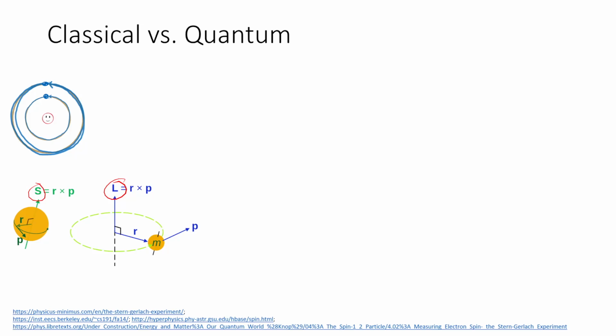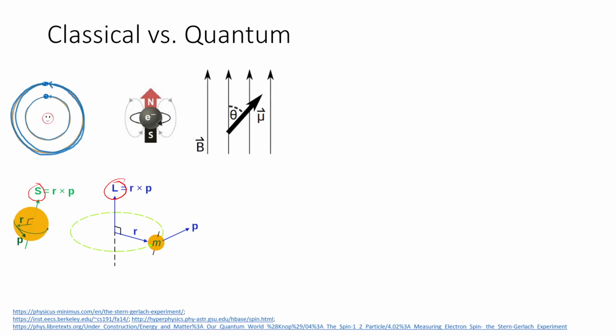And on top of this, if that particular particle has charge, then it acts like a tiny magnet, also called a magnetic dipole, and the strength of that magnet is called the magnetic moment, and that magnetic moment is in the direction of the angular momentum.